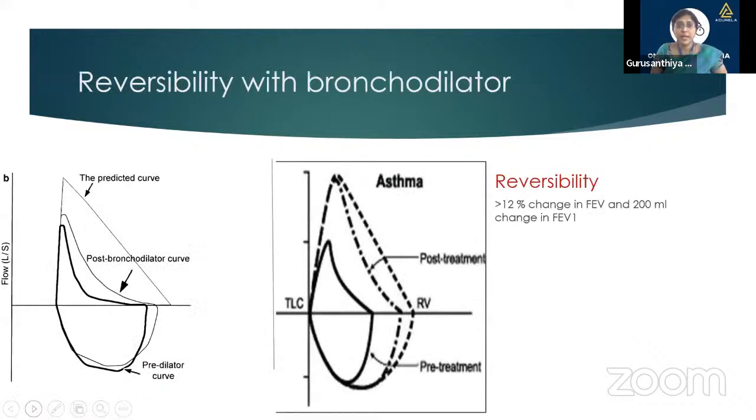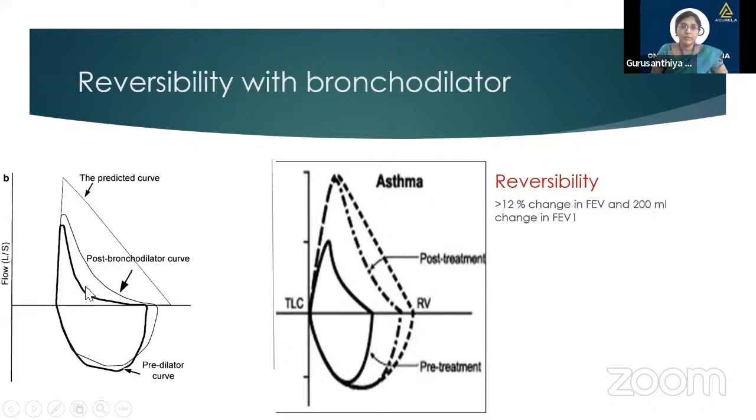Then comes another parameter, which is the reversibility with the bronchodilator. In case you have an obstructive disorder, in the flow volume loop inspiration will be normal and the expiration will be curved and have a dog-like appearance, signifying a severe obstructive disorder. You give the patient albuterol 2.5 milligrams nebulization and repeat the PFT after 20 minutes.